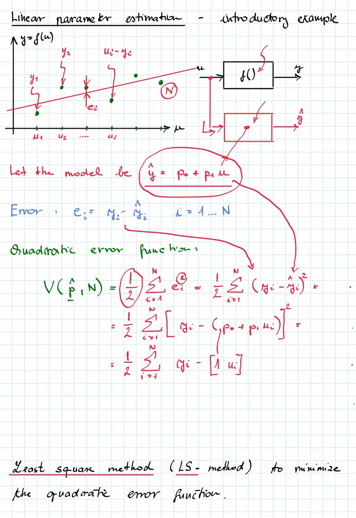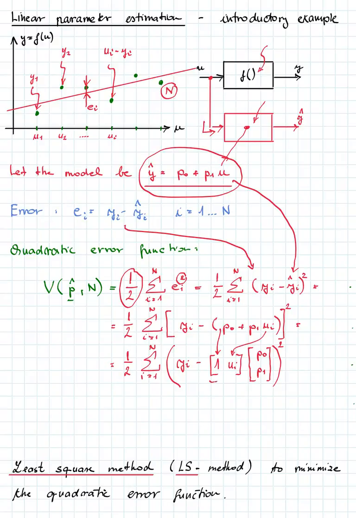And then I am going to put the model parameters into a column vector, and I am going to take the square of it, of course. So this is a more general description than the last one.